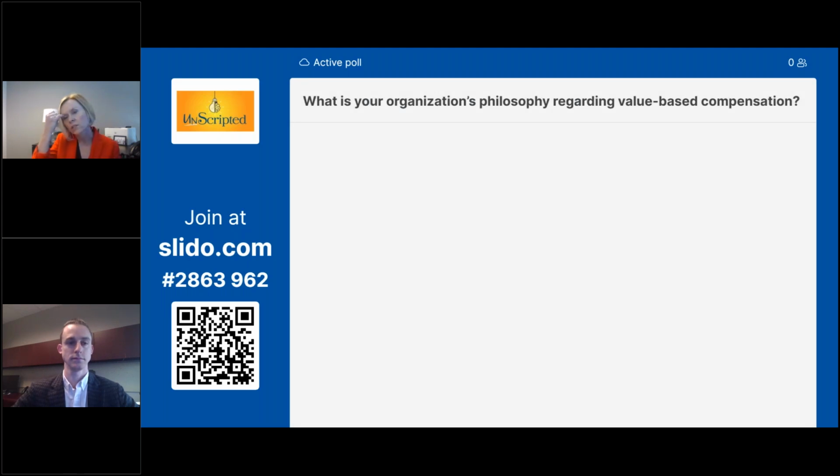What is your organization's philosophy regarding value-based compensation? This type of poll is a word cloud, so we expect that your responses may come in a little bit more slowly on this one, since it's not multiple choice. What we're looking for here is an overall or general philosophy regarding it.